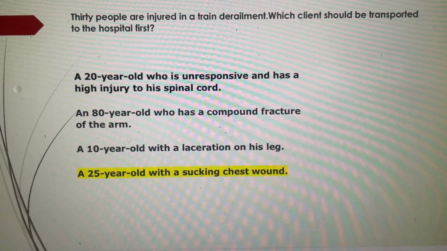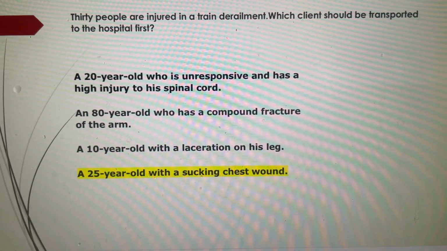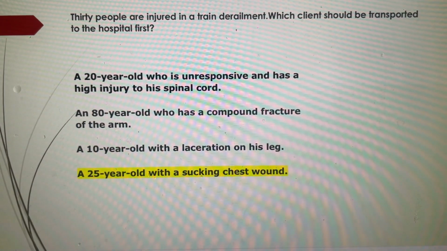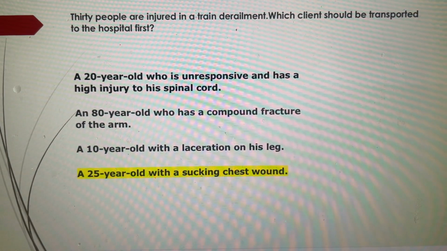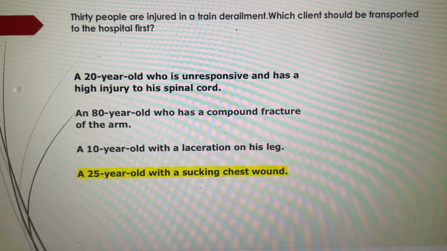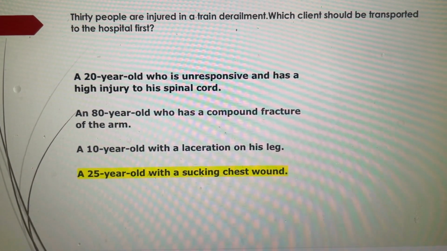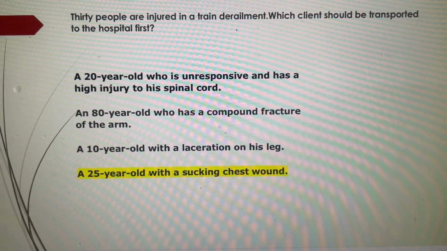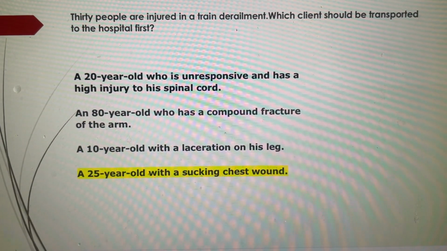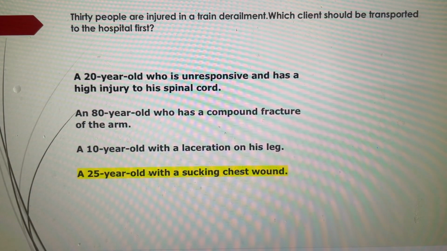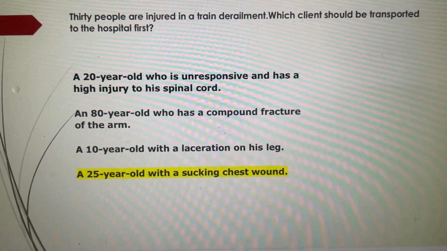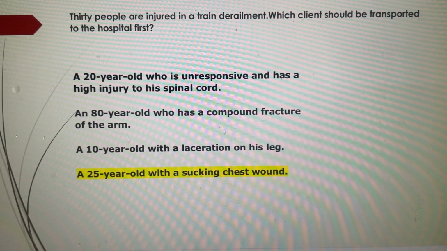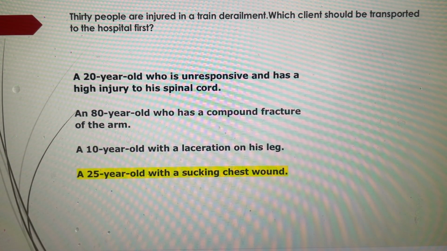Yellow tag means observation and possible later retriage, as the condition is stable for the moment, but they are not in immediate danger of death. These victims will still need hospital care and will be treated immediately under normal circumstances. But you are dealing with 30 people, and so this is an exception.